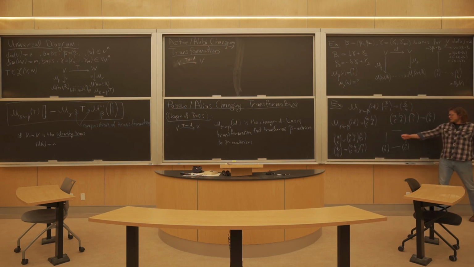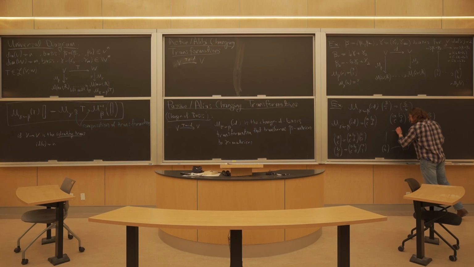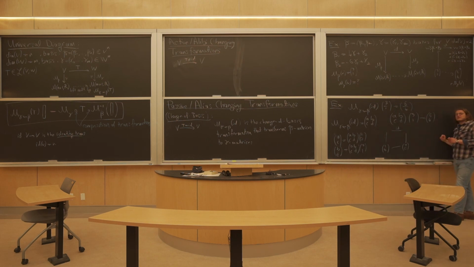Now, do you have any ideas as to what this should be? Could it just be V to V? Say again? Could it be V identity to V identity? Oh, yeah, yeah. So, yes, that is true. This is identity, but I want an element, right? So this is a vector in this matrix space. I want a vector in V. What would that be?